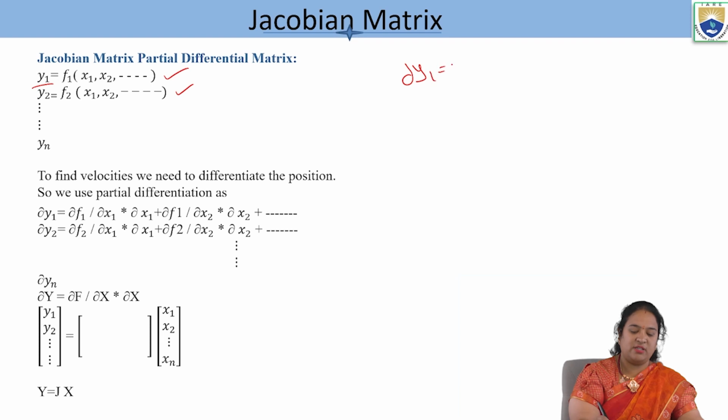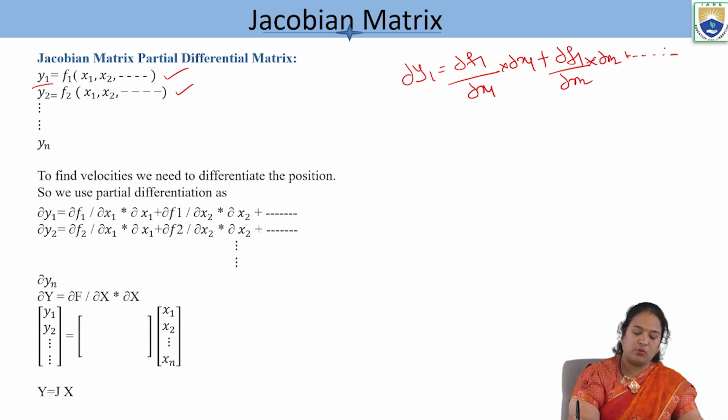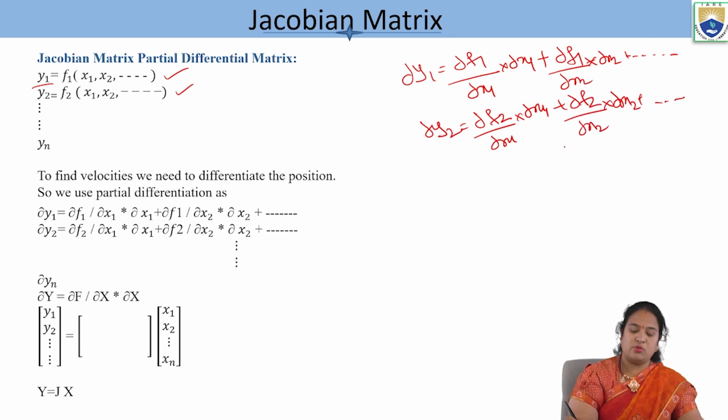Dou y1 is equal to dou f1 by dou x1 into dou x1 plus dou f1 by dou x2 into dou x2, and so on. And the next equation, dou y2 is equal to dou f2 by dou x1 into dou x1 plus dou f2 by dou x2 into dou x2, and so on up to dou yn.